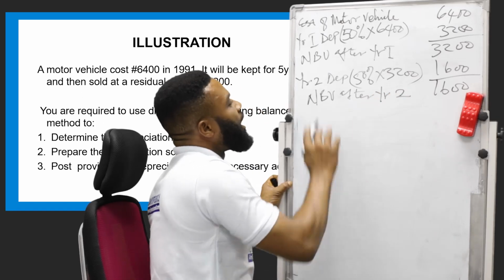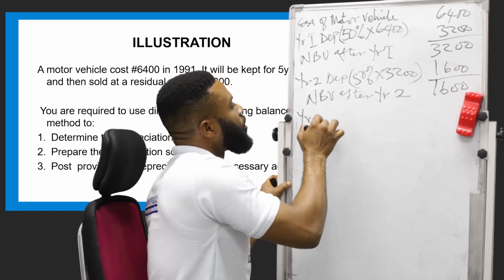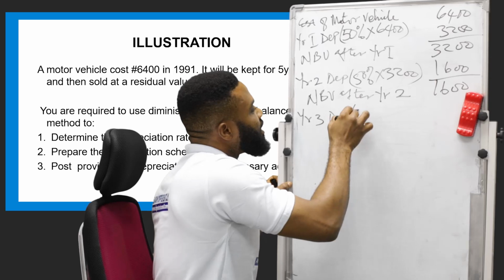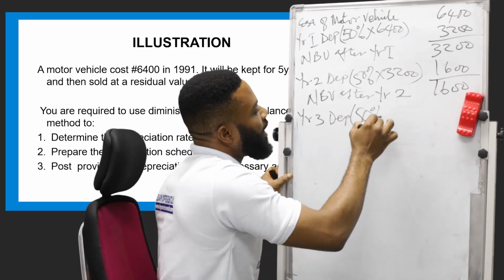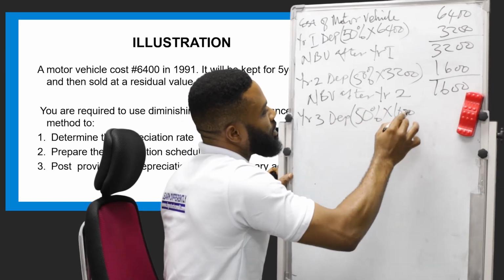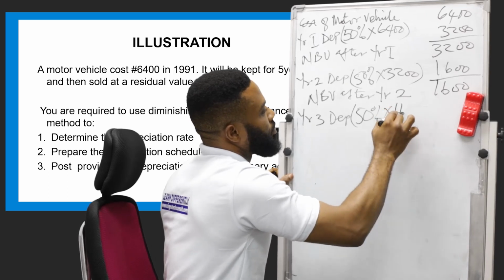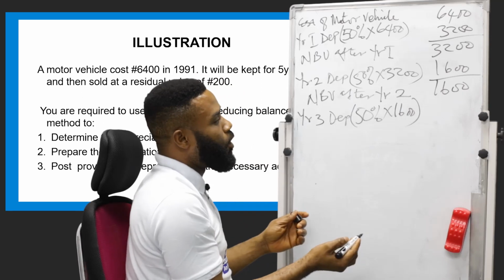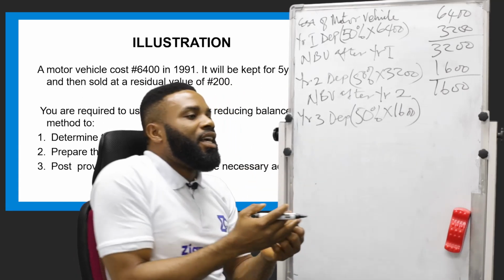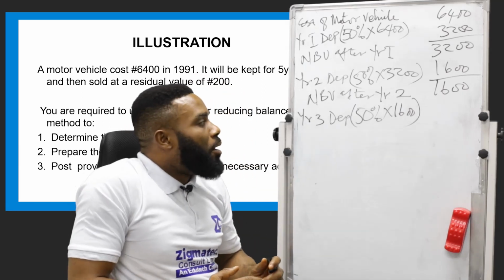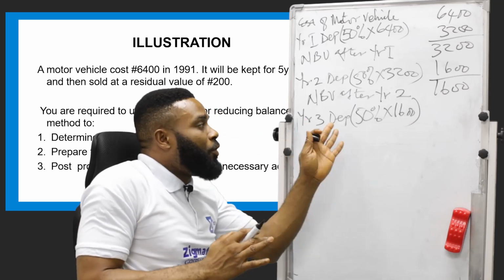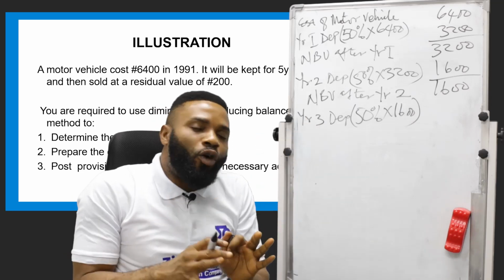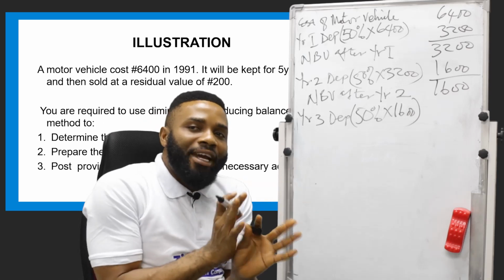Year 2. And then you come for year 3, your depreciation also is that same 50% you have arrived at times what? 1,600. Anything that 50% is expected to be charged on is simply that thing divided by 2.